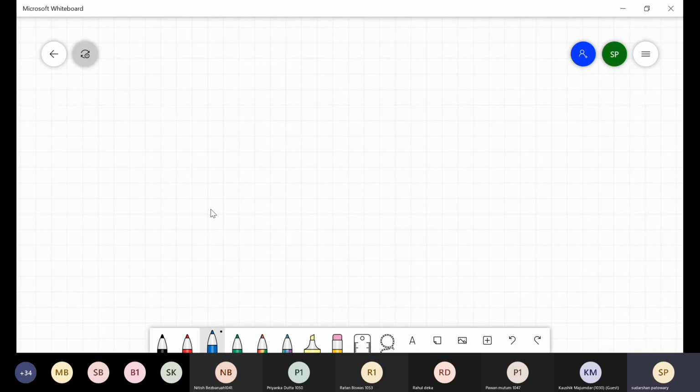Now the H3 profile. H3 profile, Y less than YC.